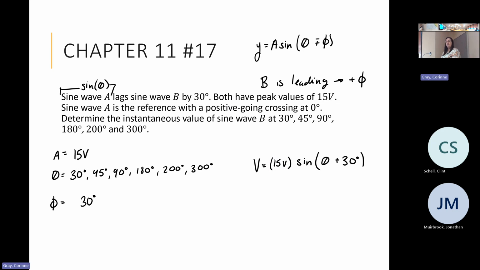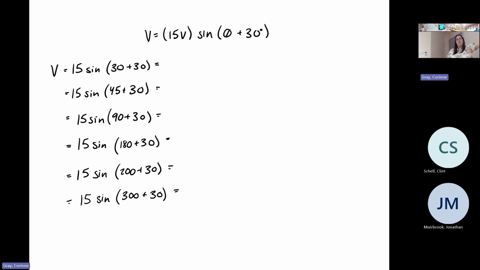Radians or degrees? They're all in degrees. And in this case, phi is given to us in degrees. So when we're plugging this into a calculator, it should be in what mode? Should be in degrees.